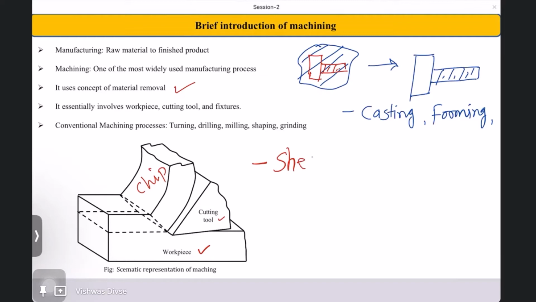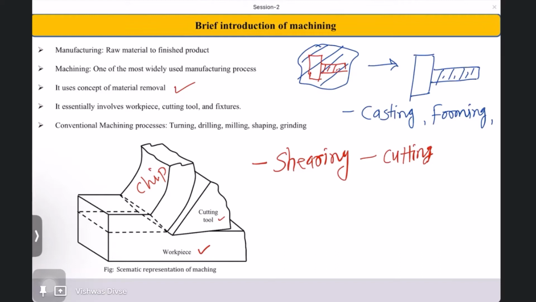Everything happening is shearing, or in this context I can directly use a synonym for this, cutting. Shearing itself is a cutting. Even if you see a simple dictionary meaning of shearing without going into much engineering, you will find this word, cutting.